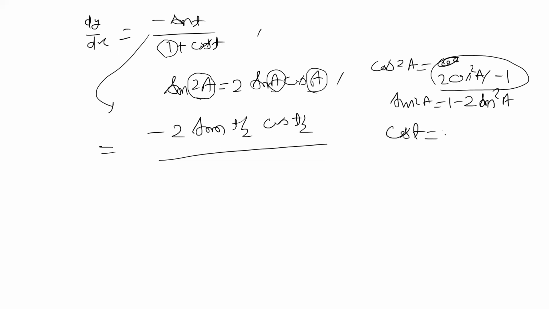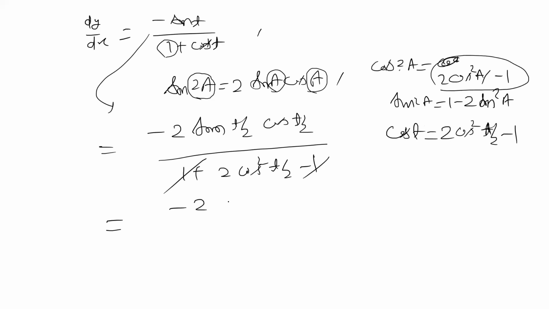Cos t is 2 cos square t by 2 minus 1. Because here it is 2a, we get this value. So 1 plus cos t is 2 cos square t by 2 minus 1 plus 1; minus 1 and plus 1 cancel out.